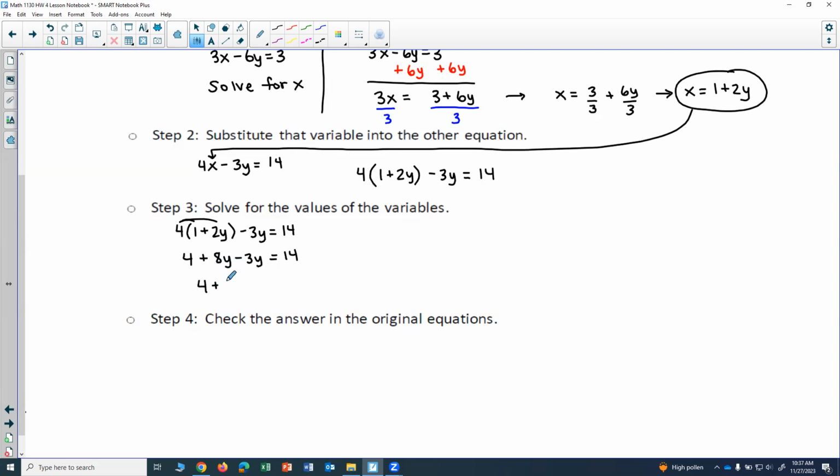So we have 4 plus 5y equals 14. Subtract 4 from both sides. So we get 5y equals 14 minus 4 is 10. Divide both sides by 5. If I divide both sides by 5, then I get y equals 2.